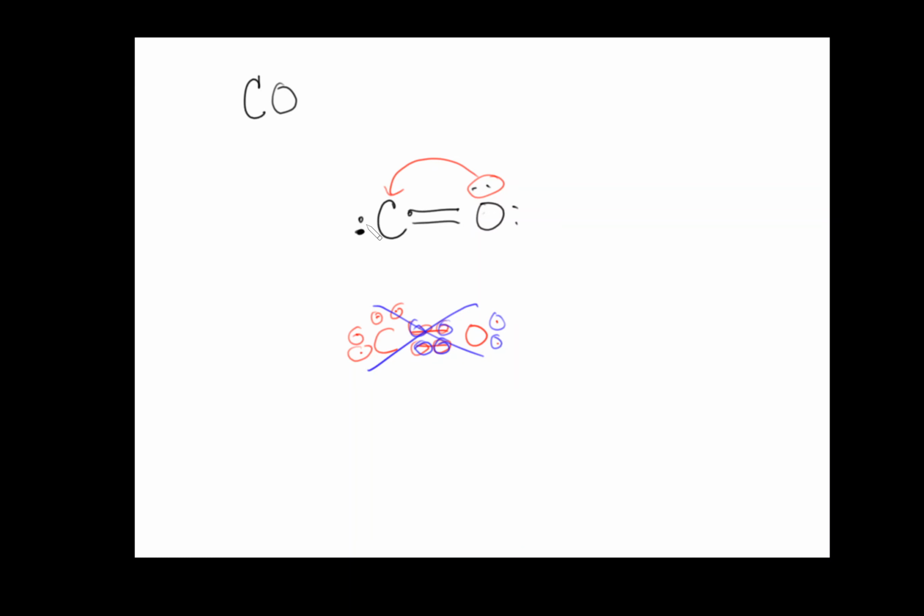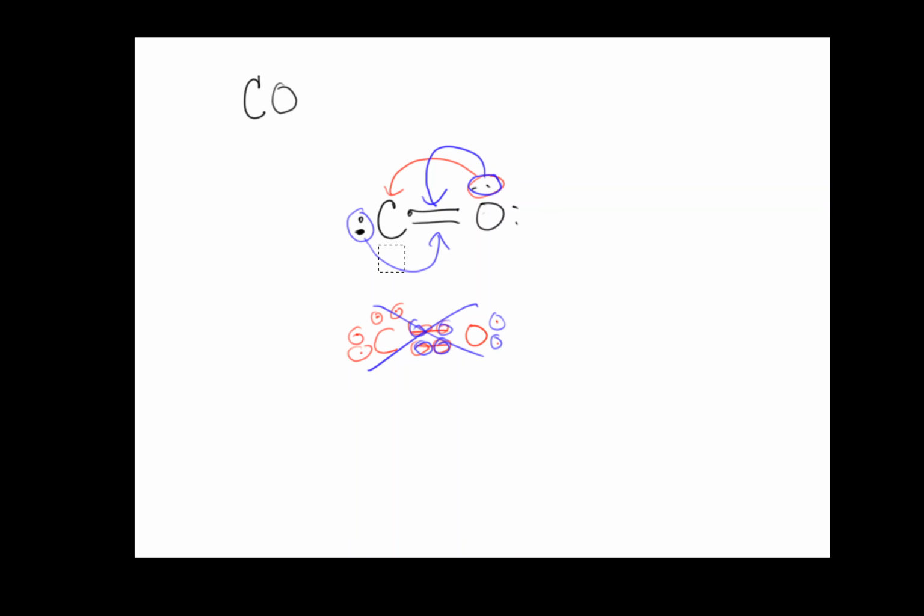Well, what if I stole those and put it in? Do you see I'm still not helping the carbon? So the best possibility would be to put in a triple bond. So instead of taking it and giving it to the carbon, I'm going to give it right in there. So let me redraw this.